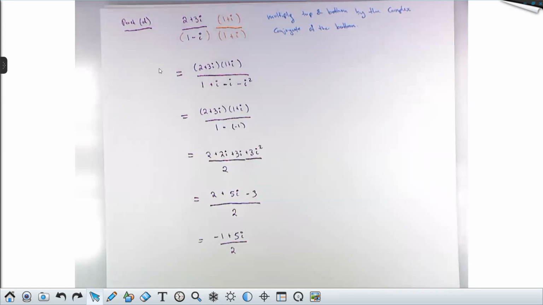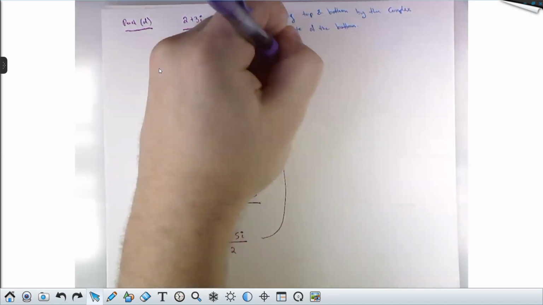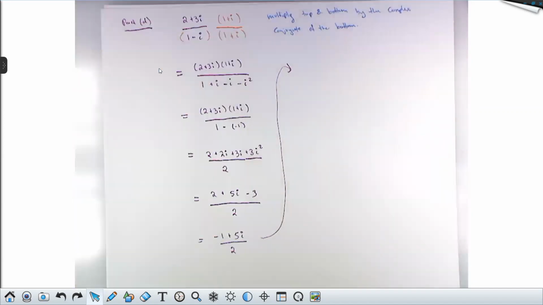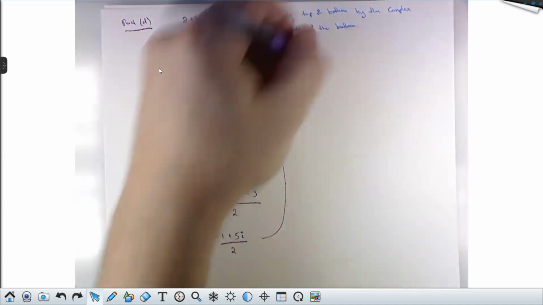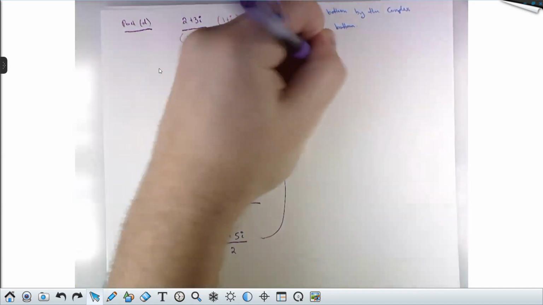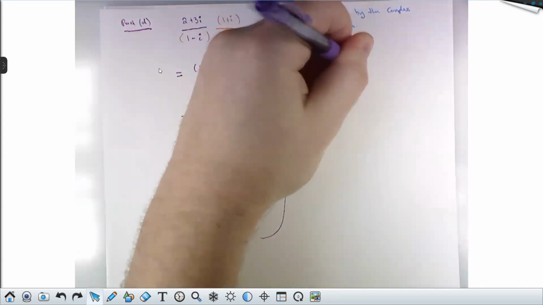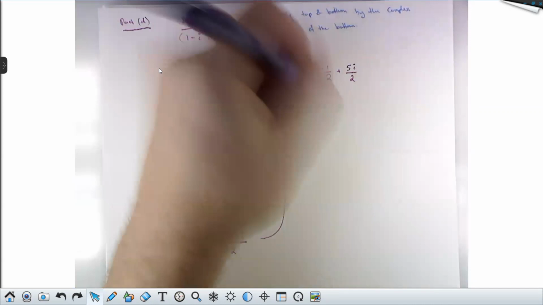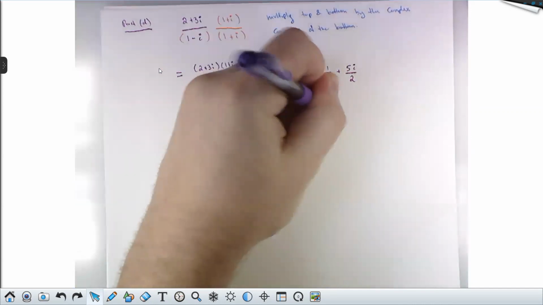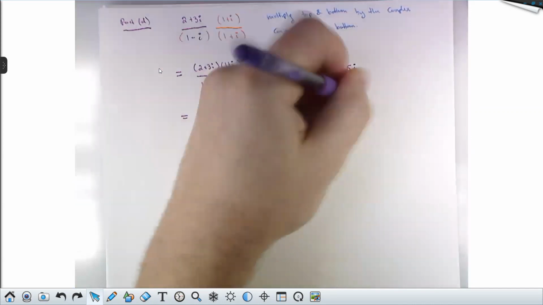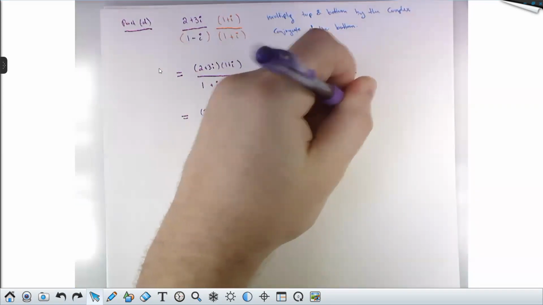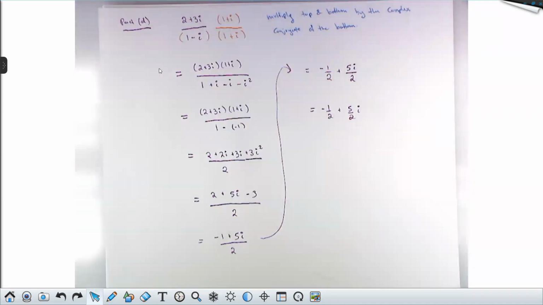So if I want to write this in that standard form, a plus bi, I can do that because the denominator is real. I can split this up as negative 1 over 2 plus 5i over 2, which is the same as negative 1/2 plus 5/2 times i.